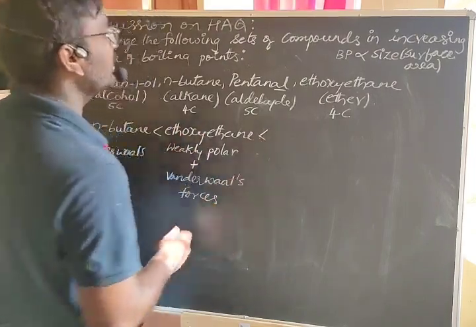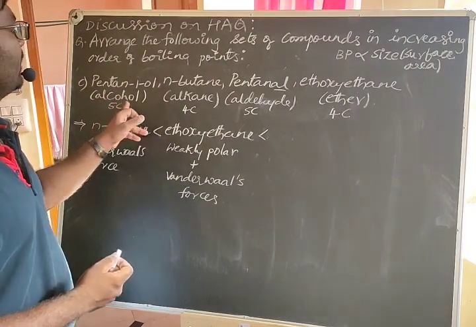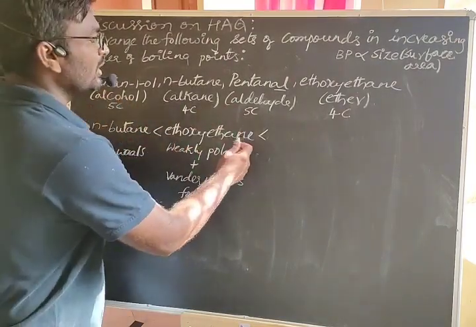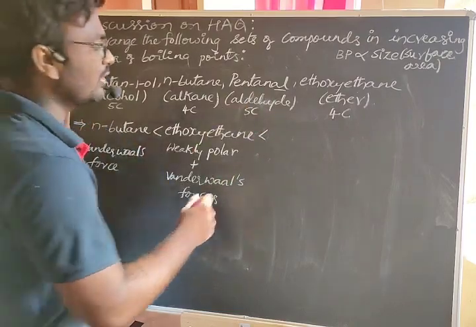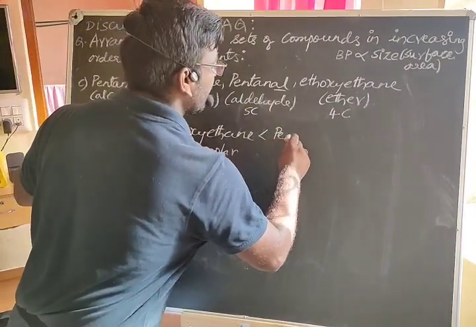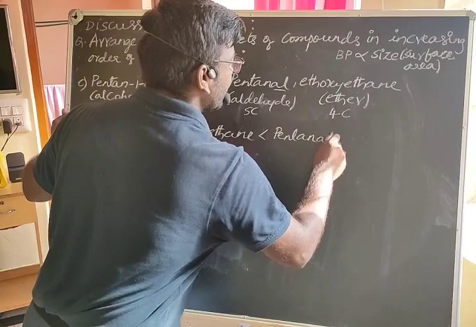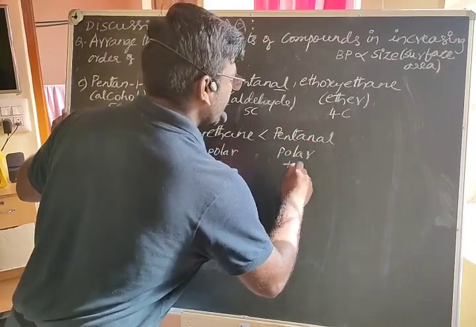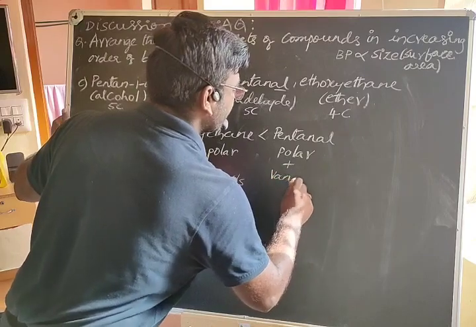Okay. Come to the next compound. Here you have alcohol and the aldehyde. So the next boiling point goes to the pentanal. It is an aldehyde. It is polar molecule and also has van der Waals forces of attraction.